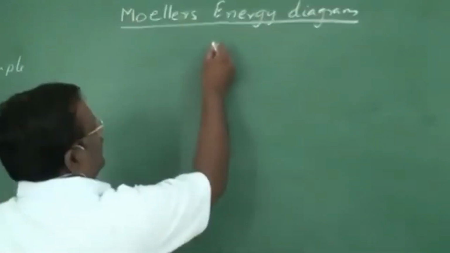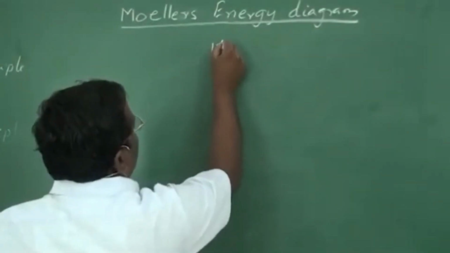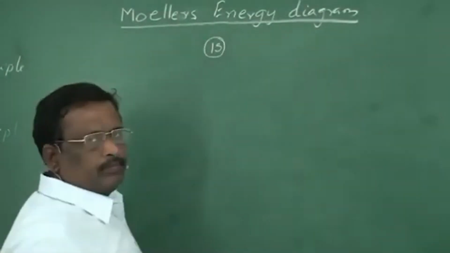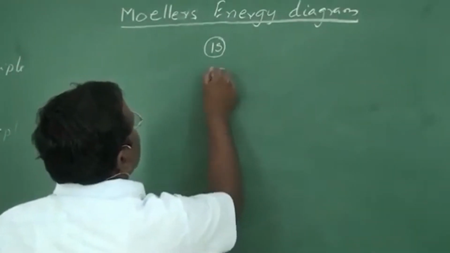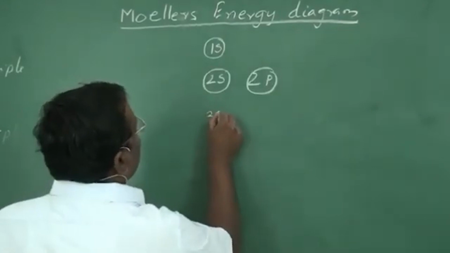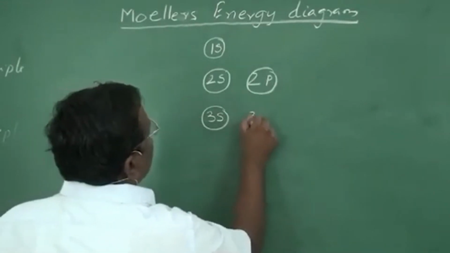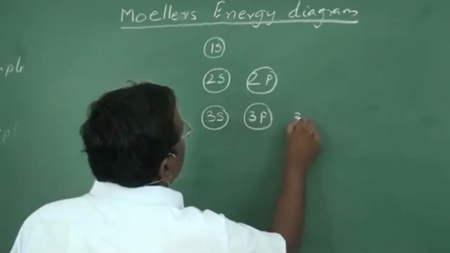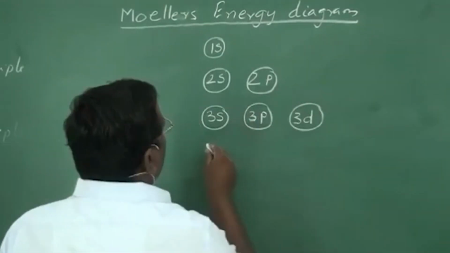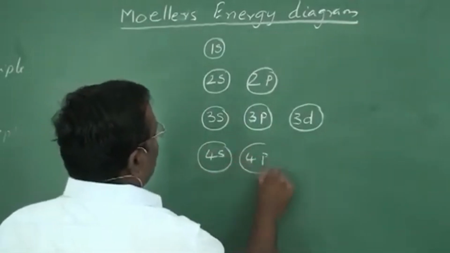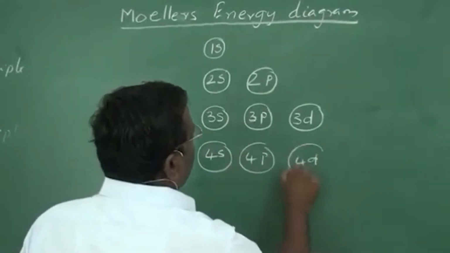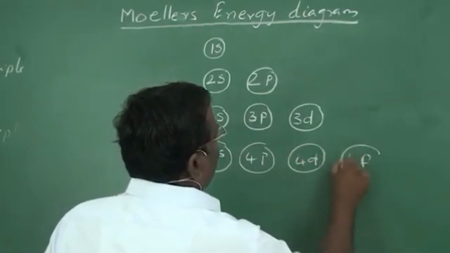Here in the first energy level we have only the 1s orbital, so 1s. In the second energy level we have 2s and 2p. You write like that, just like this. In the third energy level we have 3s, 3p, 3d. In the fourth energy level we have 4s, 4p, 4d, 4f.